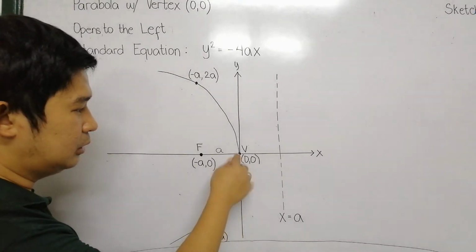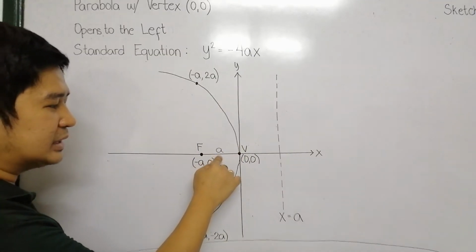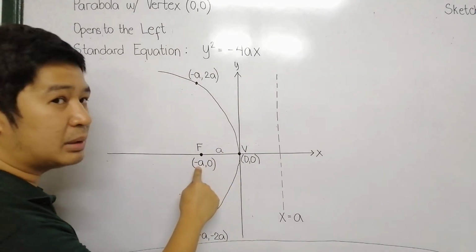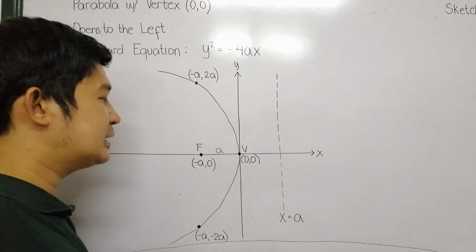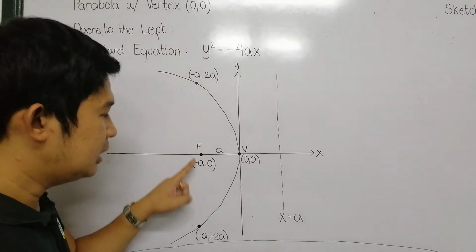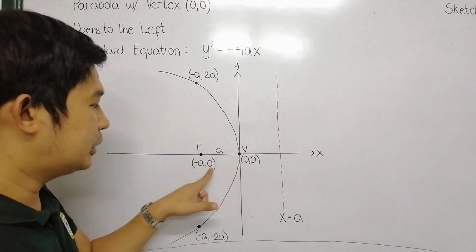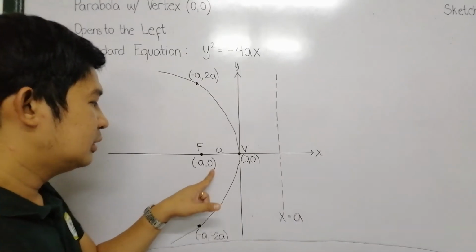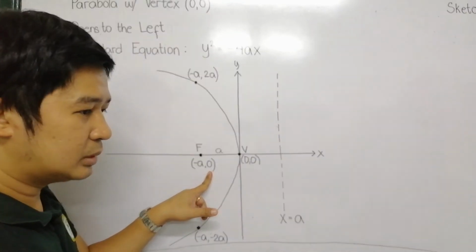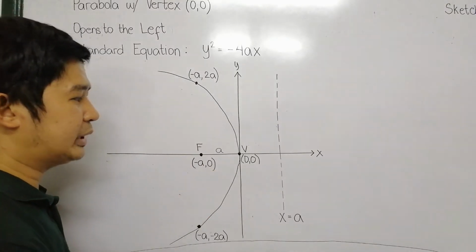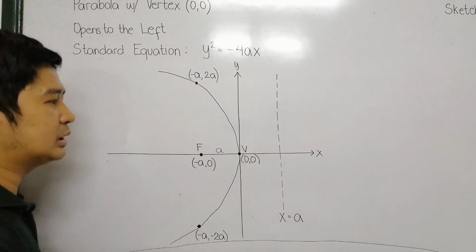So, from 0, going to the left with a distance of a, it becomes negative a. So, the coordinates of our focus would be negative a, 0. Our y coordinate remains the same. Okay? Because there is no vertical movement, only horizontal movement.